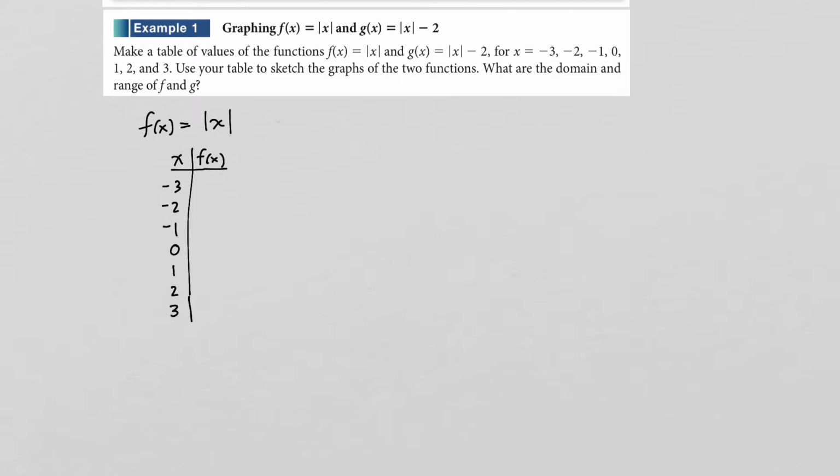Now, f of x is nothing more than the absolute value of each of these numbers. So the absolute value of -3 is 3. Absolute value of -2 is 2, absolute value of -1 is 1, and so on. So these numbers represent the absolute value of each of those x values. Now let's go ahead and sketch a graph.